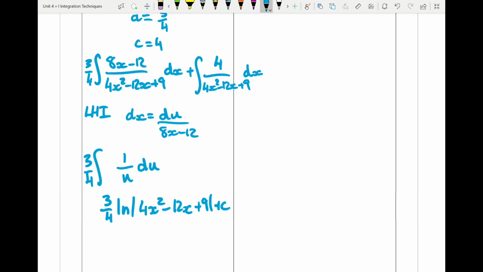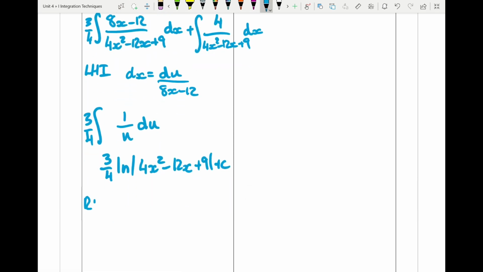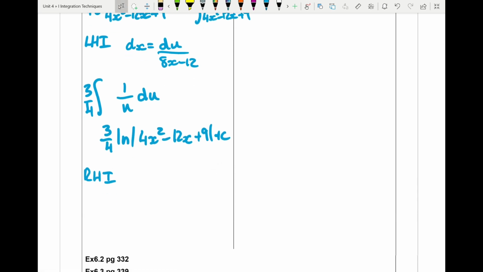Okay. Then our right-hand integral, we've got the integral of 4. Let's actually take that out the front. Of 4x to the negative 2. Sorry, that's not technically true.